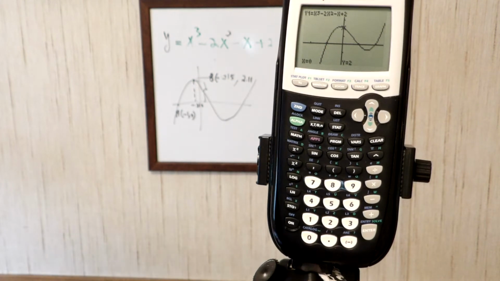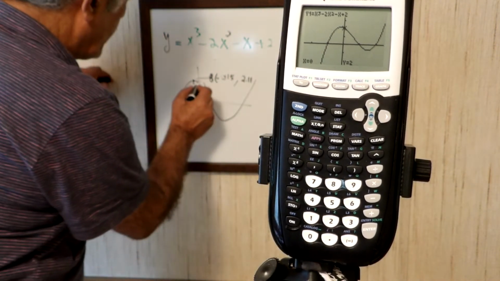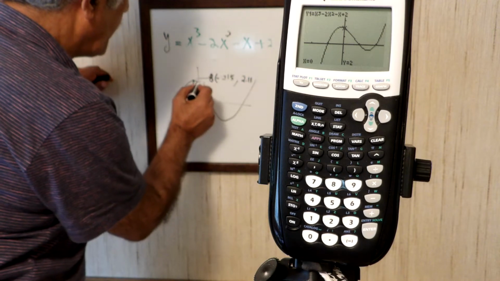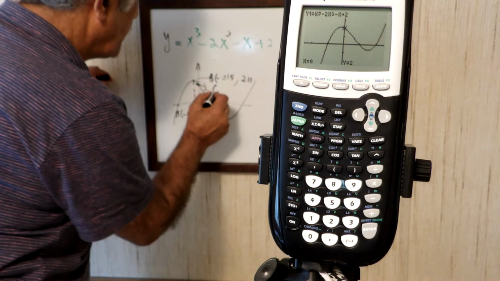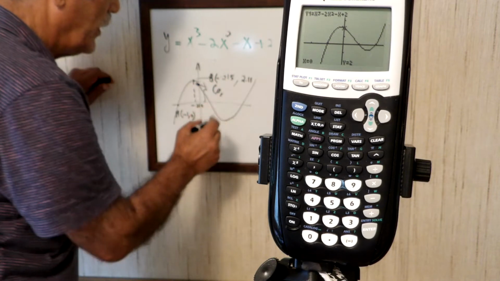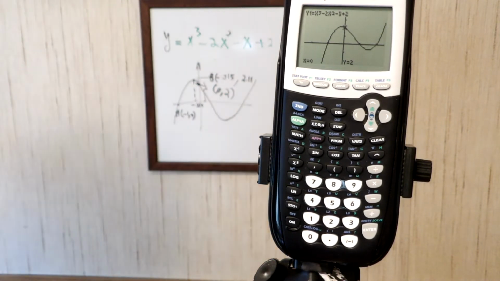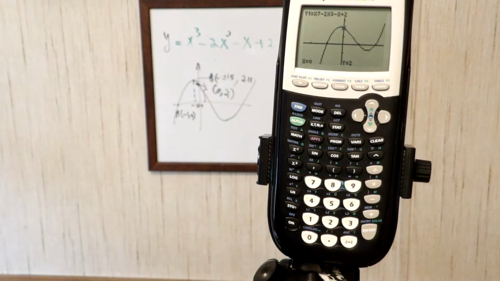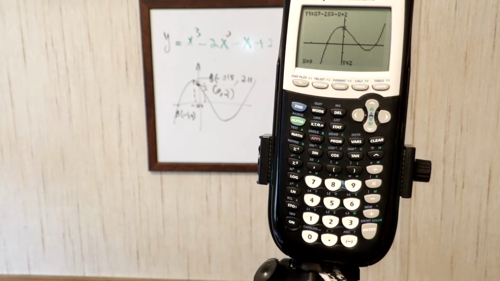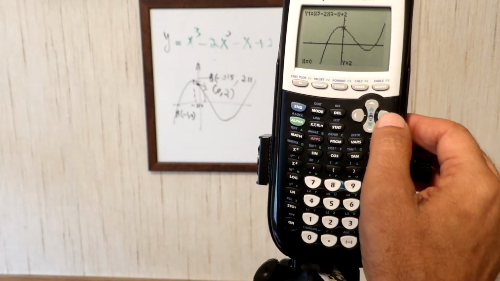So at here it intercepts the y-axis, because x is 0 and y is going to be 2. I guess it was 2, yeah. And then you go forward to find another intercept. There are two more. This one has intercepts on the x-axis in 3 places, so we go to this one.